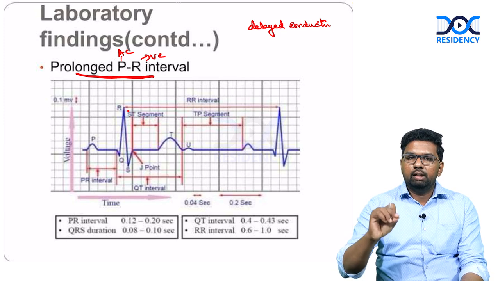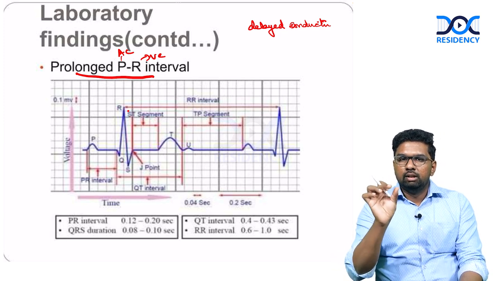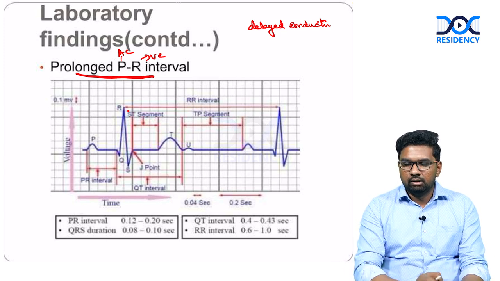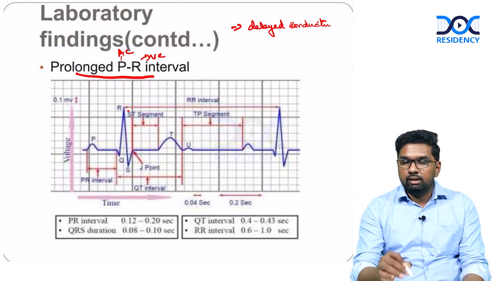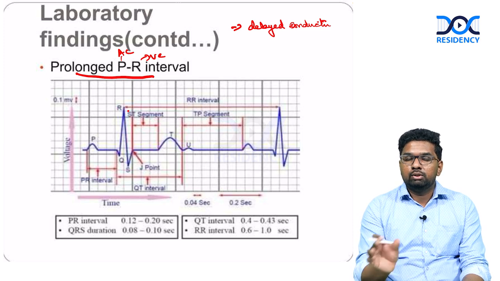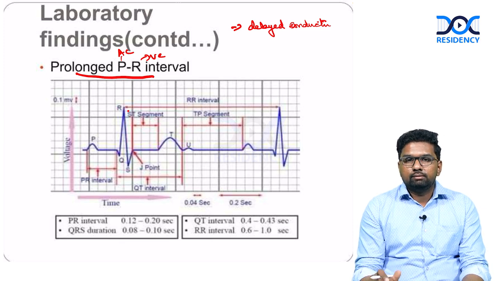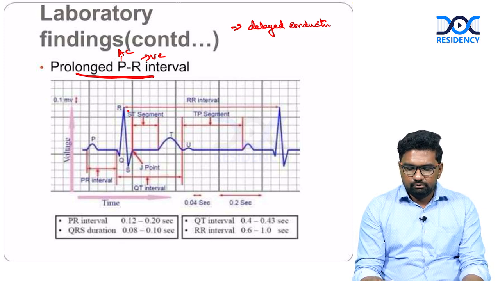The time taken for the impulse to travel from the SA node, that is atrium, to the ventricle is increased or prolonged. This delayed conduction of the impulse will result in the prolonged PR interval in case of rheumatic heart disease.